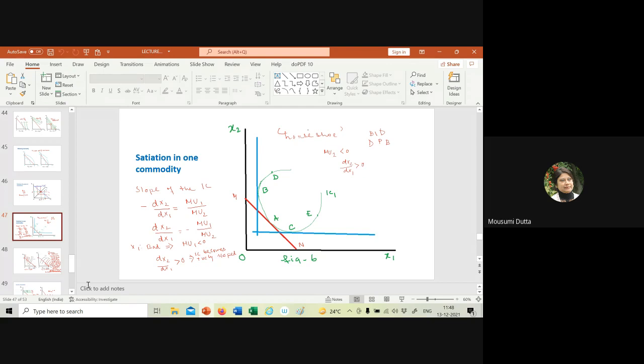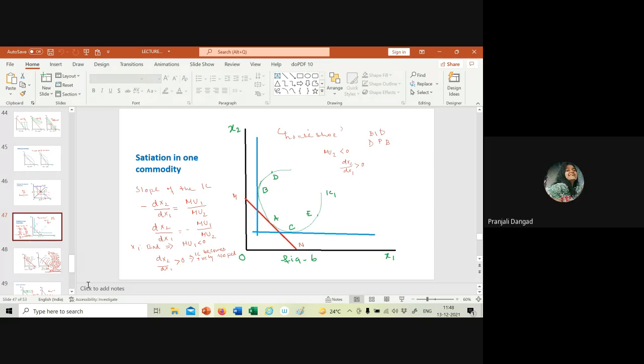When we are talking about the exceptions, we are trying to accommodate different types of commodities which we have in our basket in reality. So it is not that between all commodities the indifference curve will behave like horseshoe.